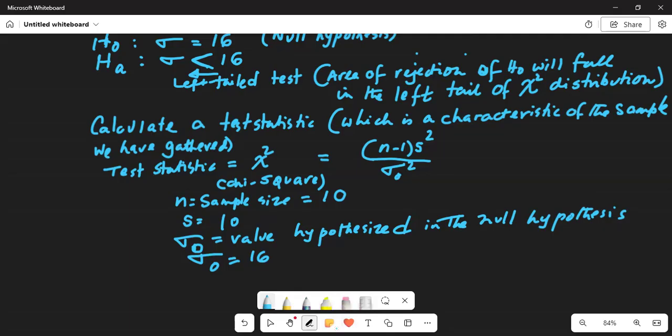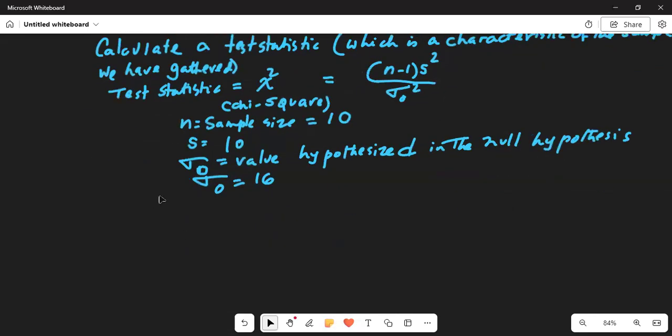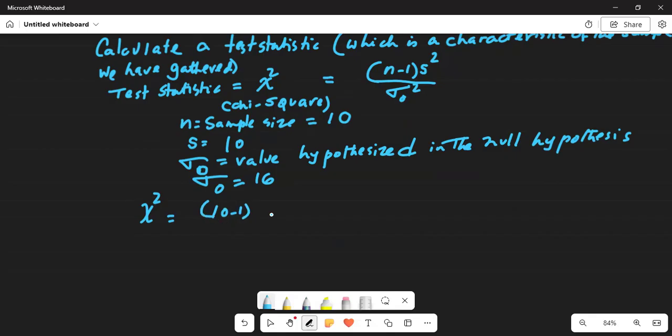Okay, so we are all set to calculate the test statistic chi-square. Chi-square will be equal to n is 10 minus 1 times sample standard deviation is 10 square divided by sigma 0 is 16 square, which is 9 multiplied by 10 divided by 16 squared.